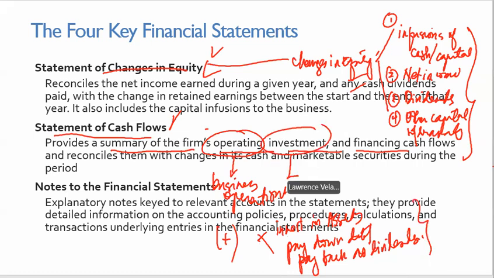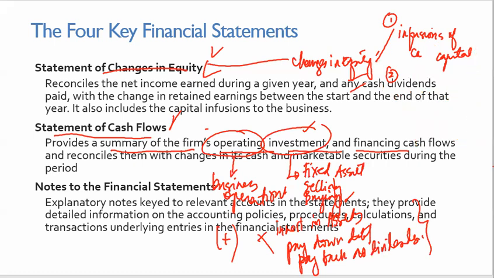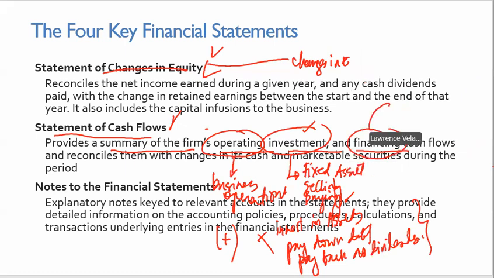Investment cash flows are related to fixed assets. Cash flows from selling fixed assets are part of investing activities. Buying or building fixed assets is also part of investing activities. And lastly, financing cash flows refer to cash flows related to long-term sources of financing.